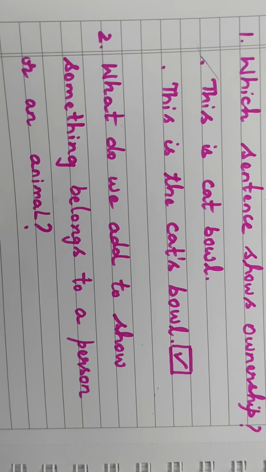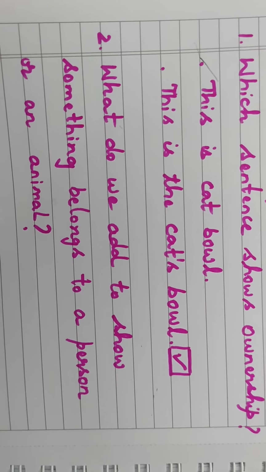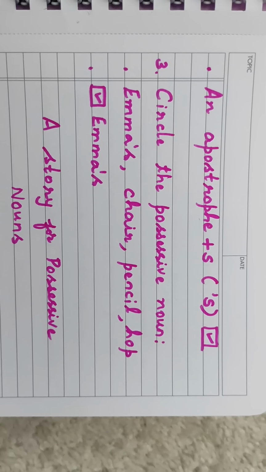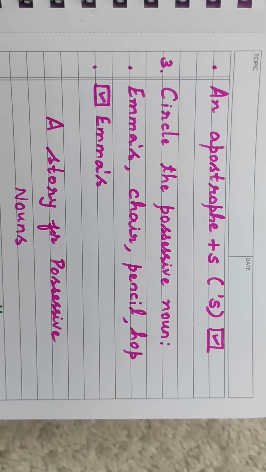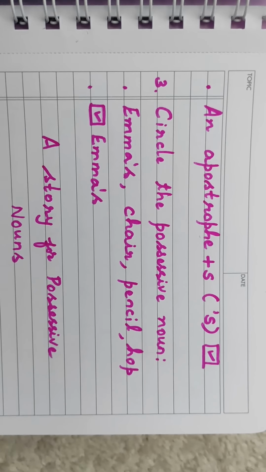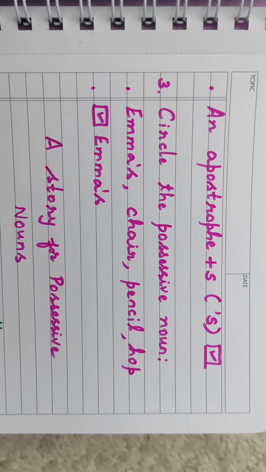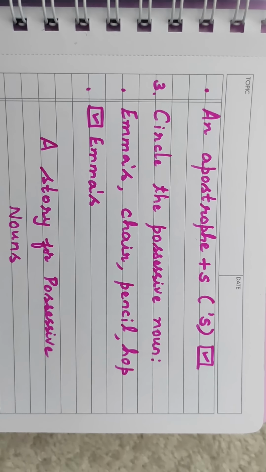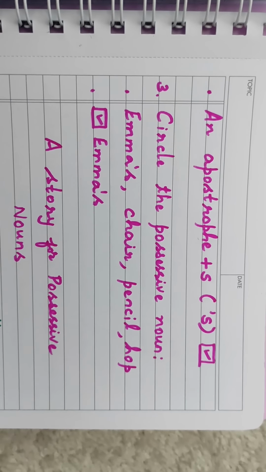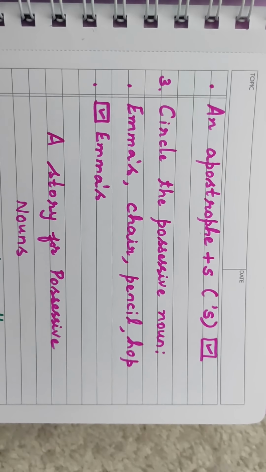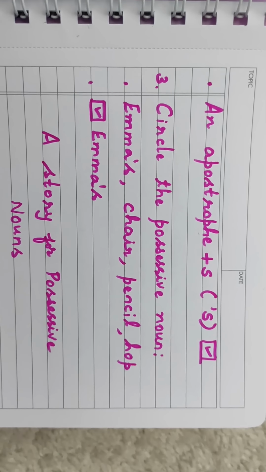See here, an apostrophe plus S. How do you write an apostrophe? Up like a comma, and S next to it. So we add apostrophe plus S to show something belongs to a person or an animal.